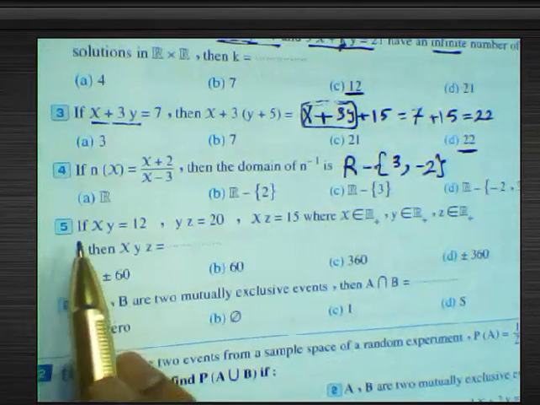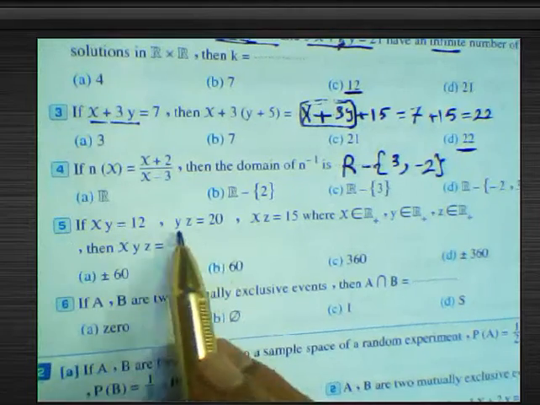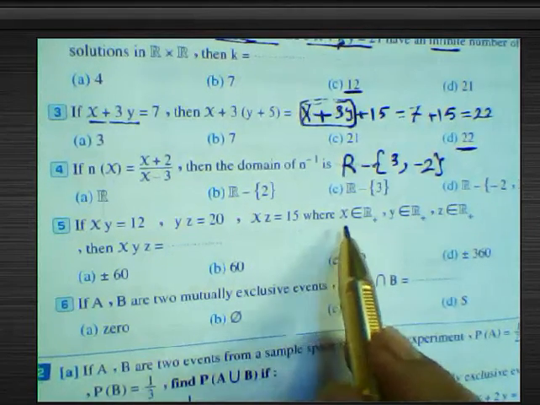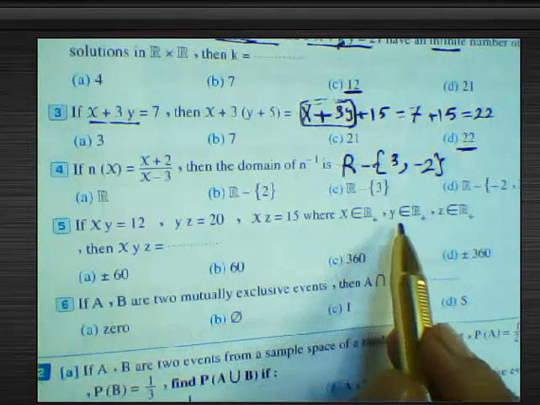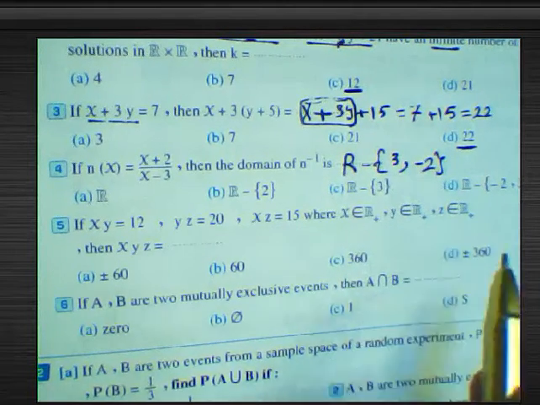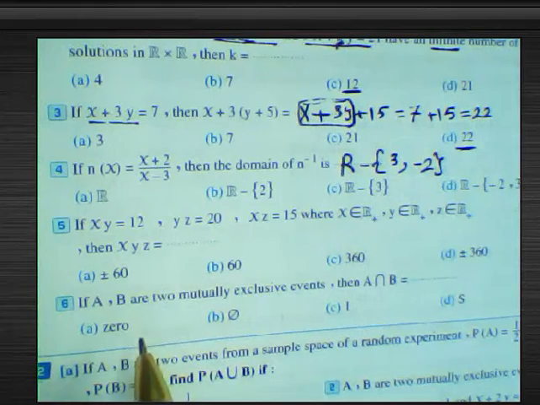Question number 5. If x times y equals 12 and y times z equals 20 and x times z equals 15, where x belongs to R positive, y belongs to R positive, z belongs to R positive, then x times y times z will be?